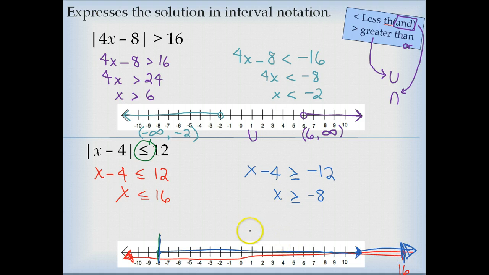I would write my interval notation like this: -8, bracket on the -8 because I have this solid dot right here. It can equal -8, comma 16. That's my boundary on the right, a bracket there. And that would be my final answer there.